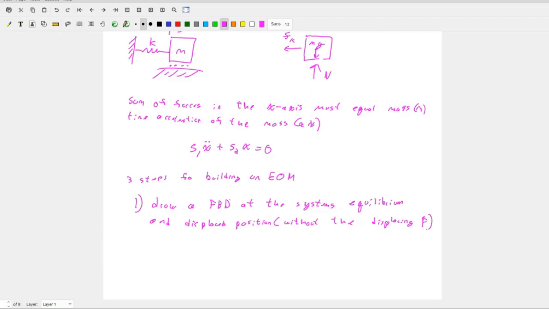That's kind of what we talked about before. When we talk about our displaced position, we pull it a little bit to the right and we release it, as in the example we talked about. It's the displaced position without the displacing force. If you think about it in a mechanical sense, if you pull something and then release it, the instant you release it, that's the image we want to draw.